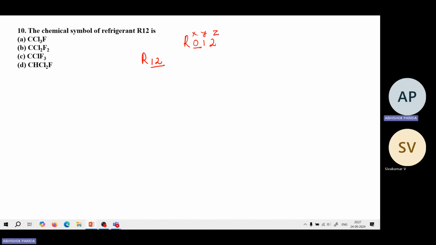So 0 means X is the number of carbon minus 1. So the carbon amount is 0 plus 1, which is 1. Hydrogen amount is Y minus 1, so it is 1 minus 1. It is 0. Then Z is the fluorine. So fluorine is 2. So this is a single carbon, that means 4 bonds.